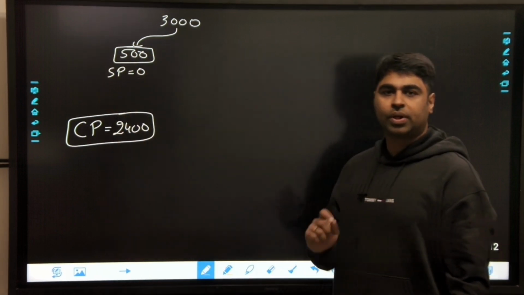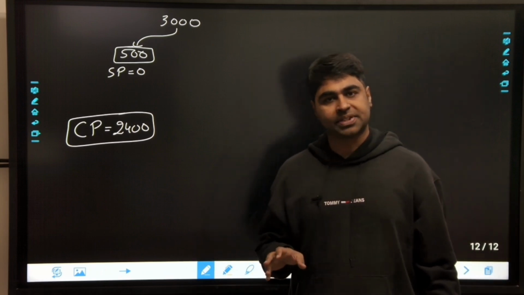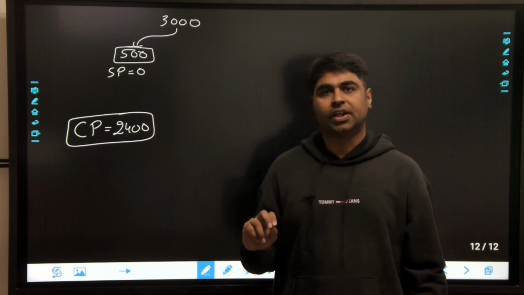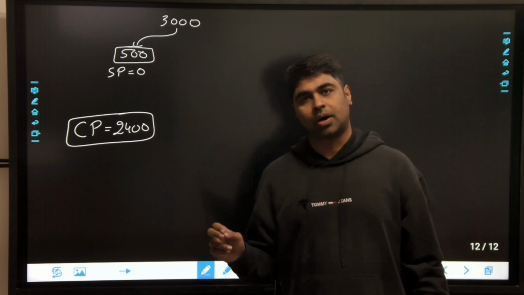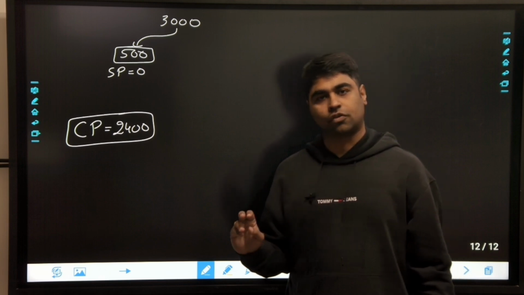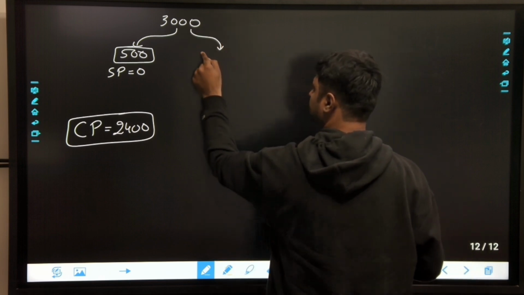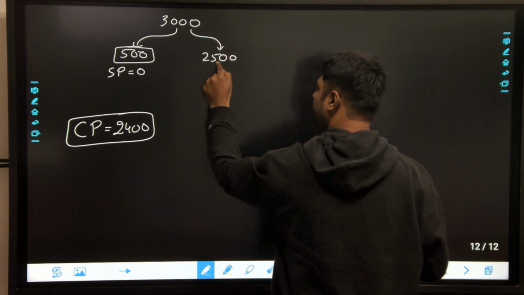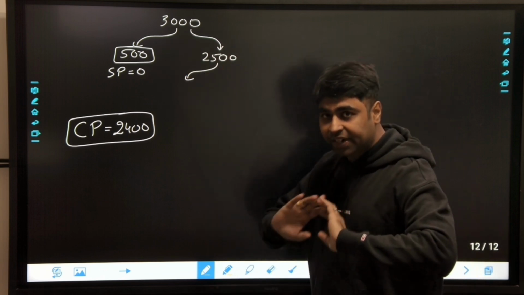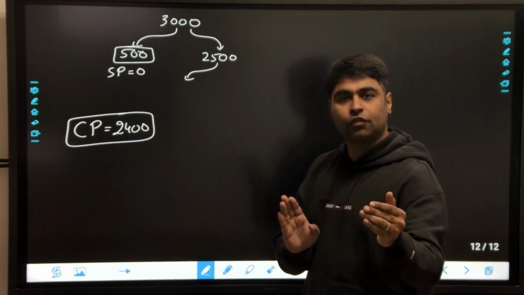Next, the line says they allowed a discount of 20% on the mark price, so we'll talk about that, and gave one software free for every software bought at a time. They were able to sell off all the softwares. So, in a little bit unorthodox manner, 2500 softwares were given away, but for those, one was given free of cost for every one bought.